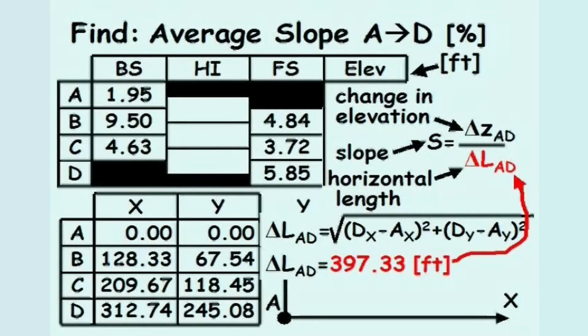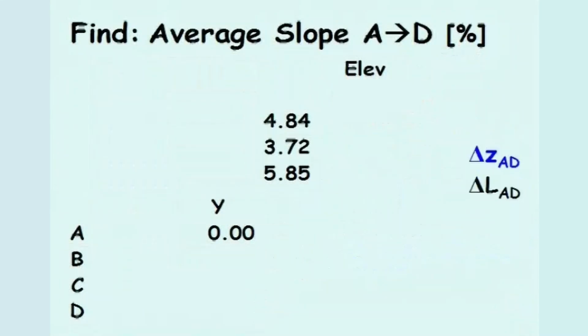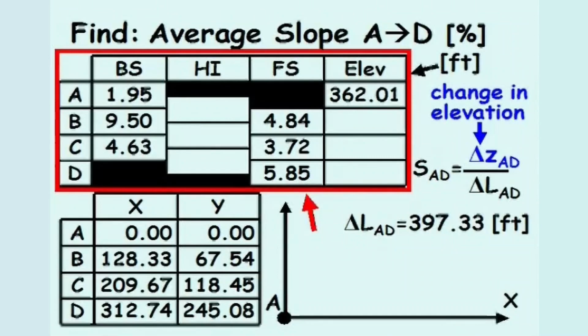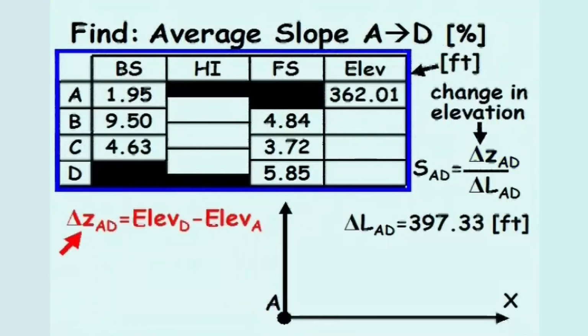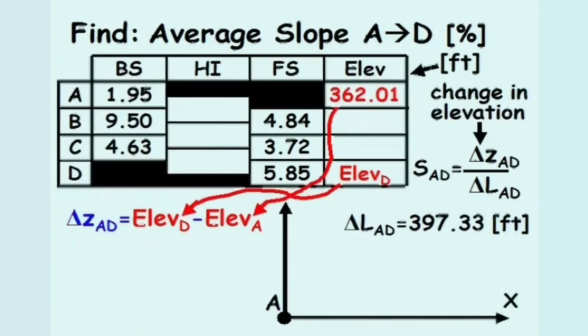The change in elevation between points A and D can be calculated using the level survey data provided in the problem statement, where the change in elevation from point A to point D equals the elevation at point D minus the elevation at point A, which is given as 362.01 feet.